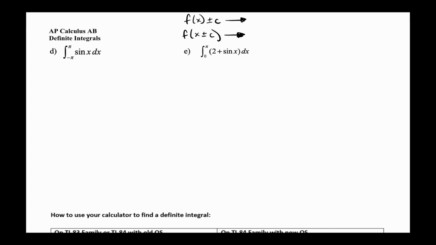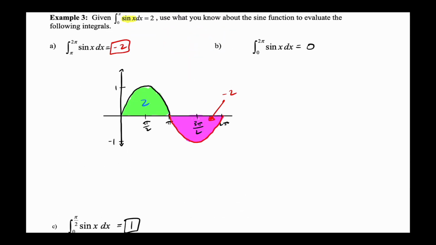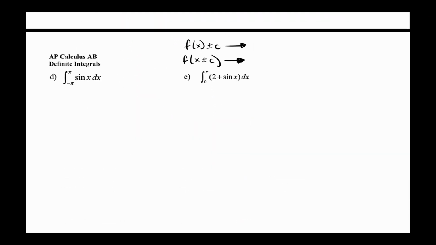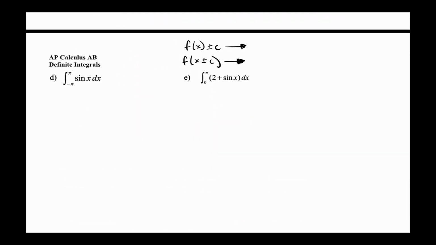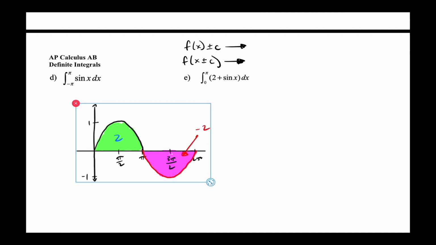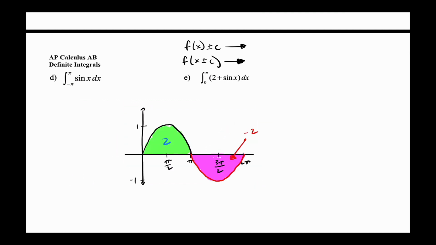So D. It's the same graph, but now the bounds change on D. So let me redraw the graph. Okay.